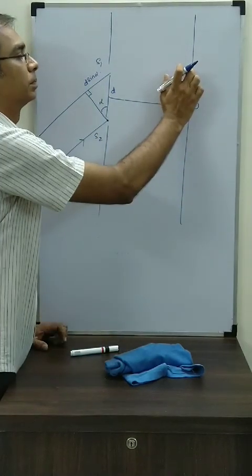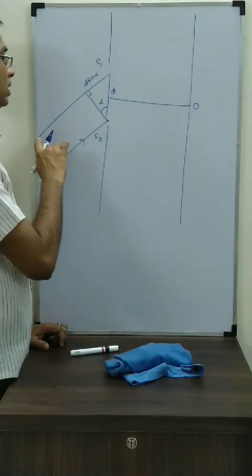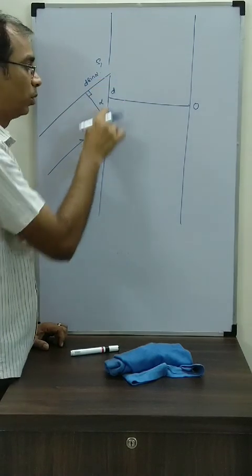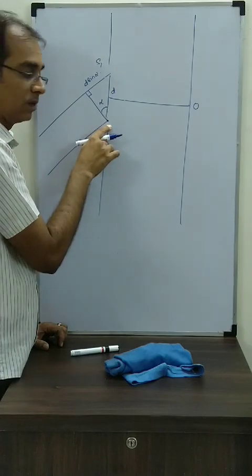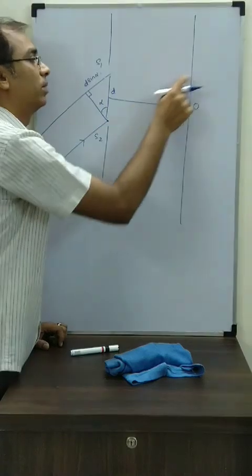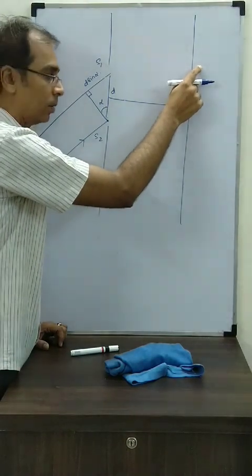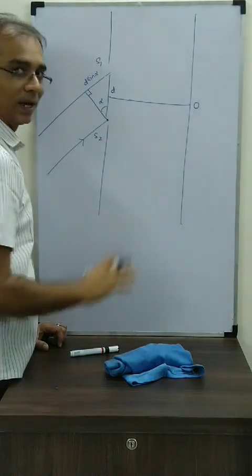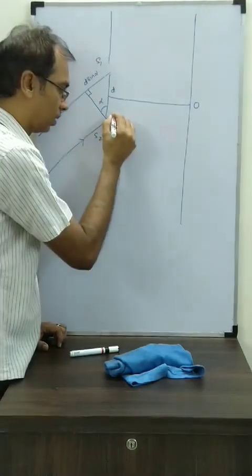Say up. Why up? Because you can see that this one is traveling more to reach over here. So what we have to do, post this source, we have to make this one travel more. So this can travel more only when you go up. Okay. So already central maxima is forming up. Now we want to bring it back. Where shall we use the slab? Here.